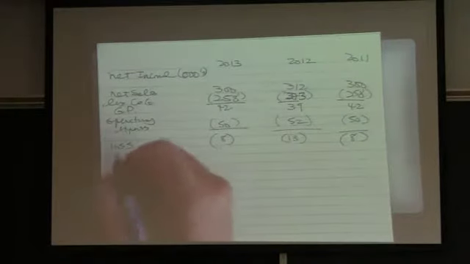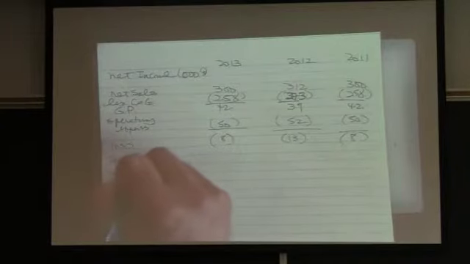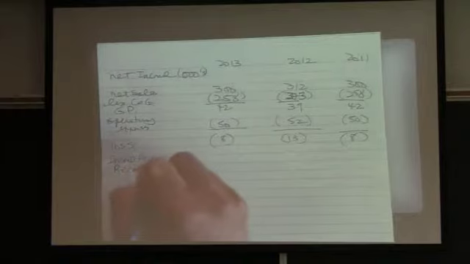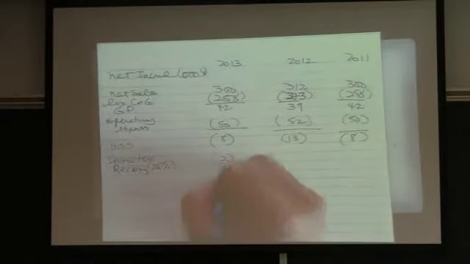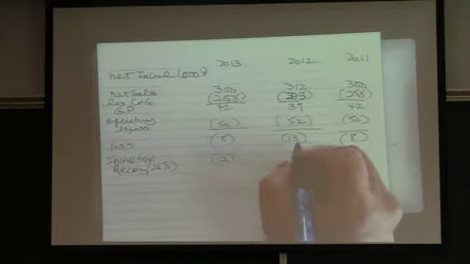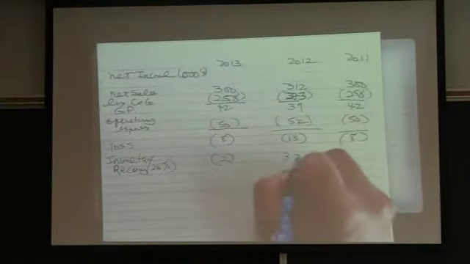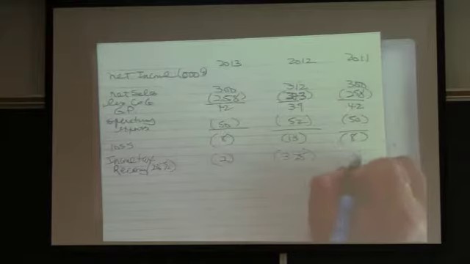Now, the income tax, in this case, we're going to assume the income tax recovery at 25%. So 25% of 8 is 2. And this is 3.25. And this is 2.